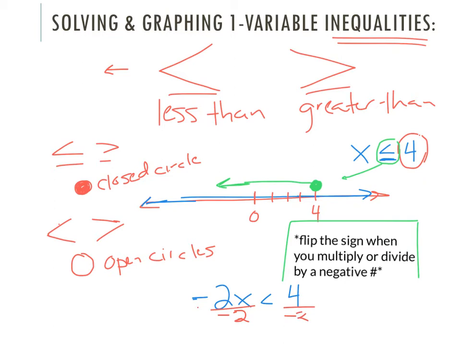And so on the left side I'm just left with x, but since I am dividing by a negative number, we have to flip our inequality. So now it's not less than anymore, it's going to be a greater than symbol. And 4 divided by negative 2 on the other side is negative 2. And then from here we would graph using our open circle, and in this case pointing to the right of negative 2 because it's greater than.